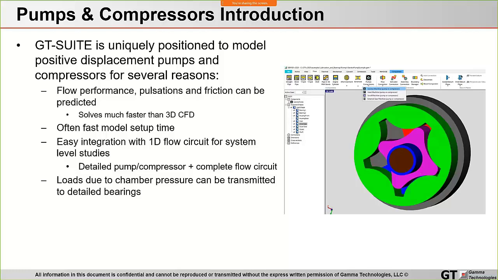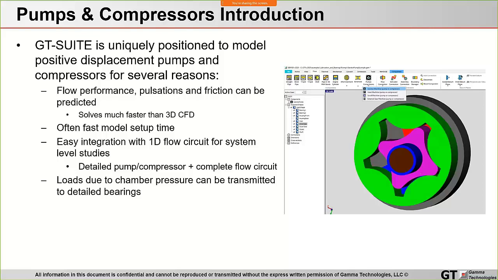And for many types of these machines, as we'll go through in subsequent sessions, is the ability to build these models very fast, particularly with the aid of 3D CAD setup that allows you to build models on the order of minutes or a few hours. And then the ability to easily integrate the machine into a surrounding system for coupled feedback type studies.